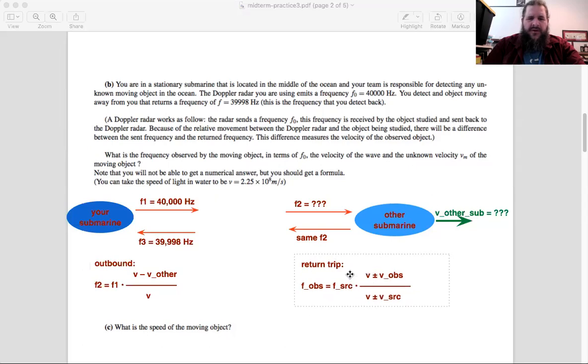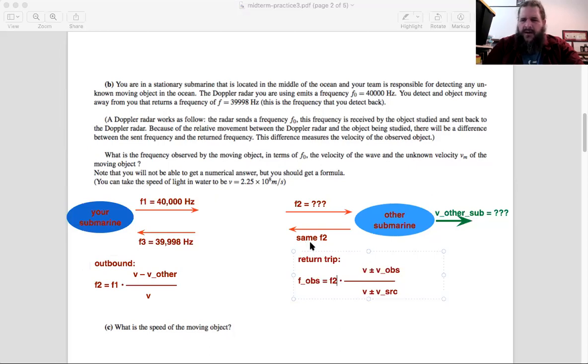And then for the return trip, let's try the same setup. But in this case, the wave is bouncing off of the other submarine. So we're going to treat F2 as the source. Why are we treating the other submarine as the observer? In this case, as the radio wave goes from your submarine towards the other submarine, your submarine is creating the wave, so you're the source.